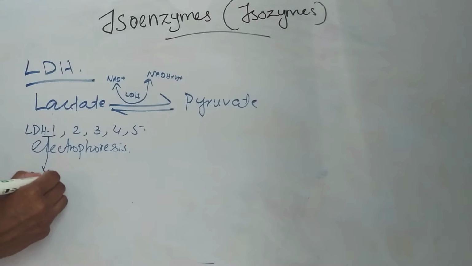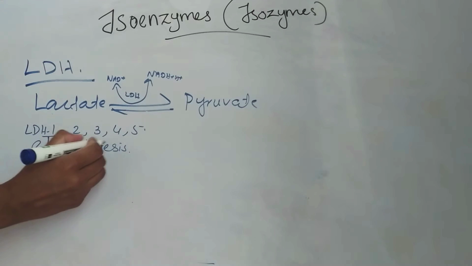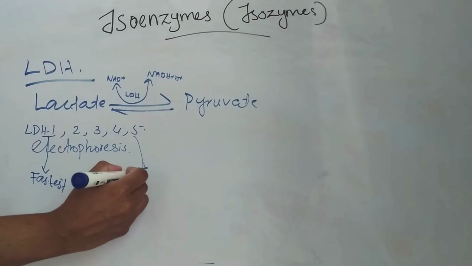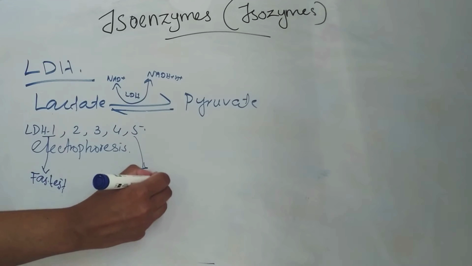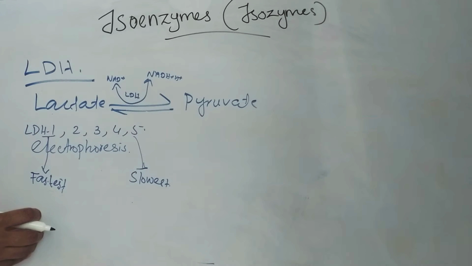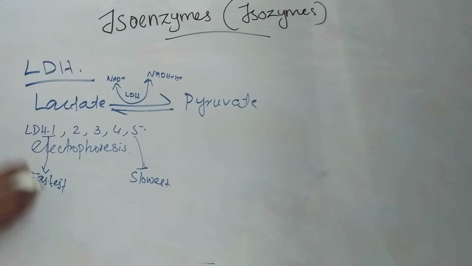LDH5 is the slowest moving fraction in electrophoresis. These isoenzymes have different physical properties.